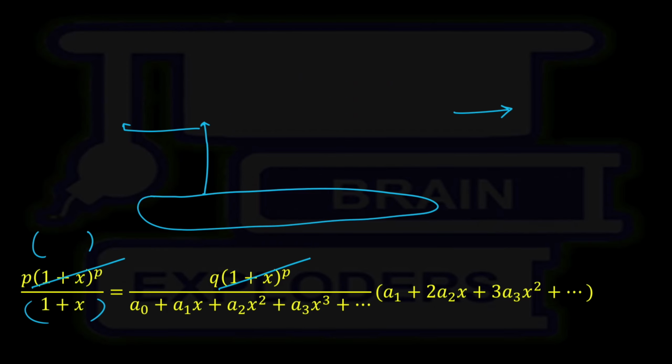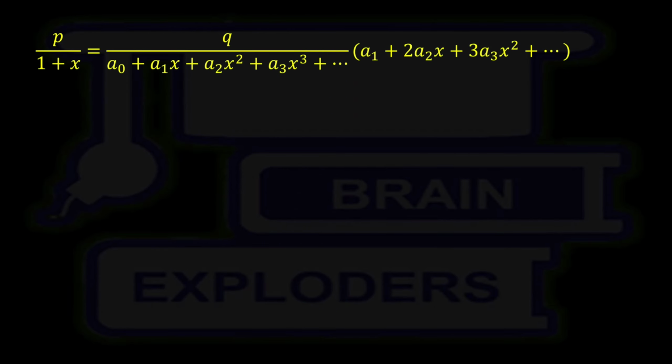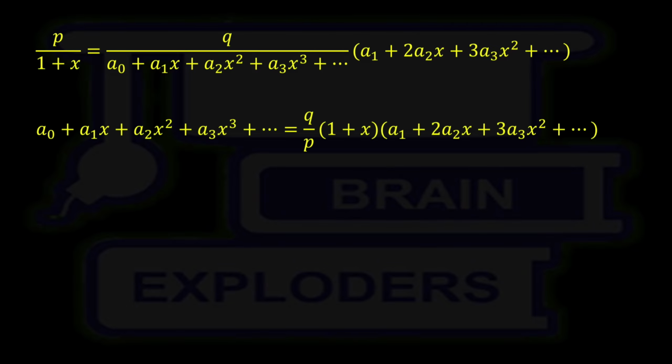So what we get is p times this series a0 plus a1x plus a2x square and so on equals q times (1 plus x) times (a1 plus 2a2x and so on).